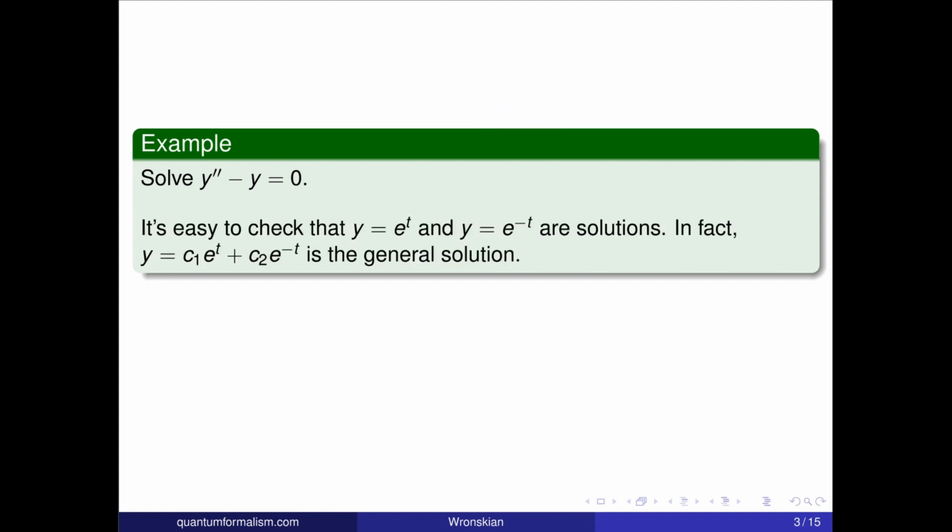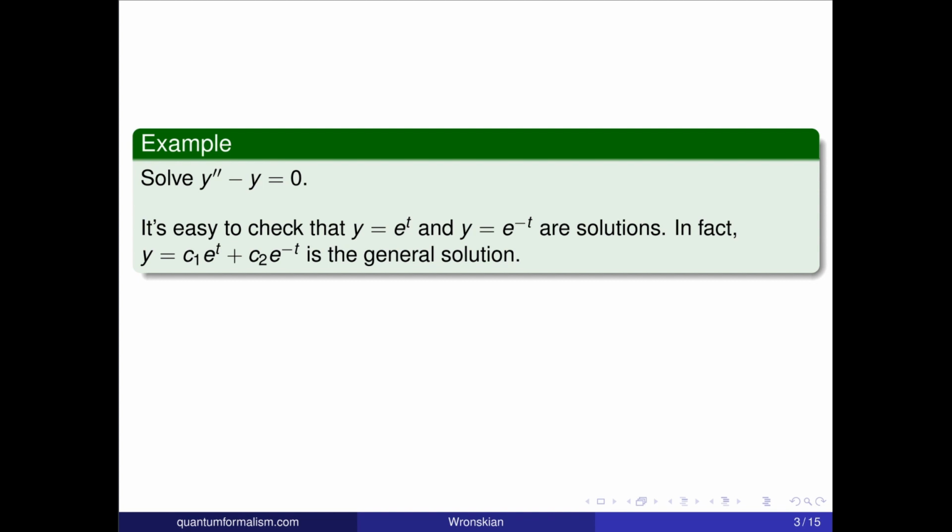And in fact, y equals c1 e to the t plus c2 e to the minus t is the general solution to this second order linear equation. We'll see why that's the case later. But for now, more or less, all we know is that e to the t and e to the minus t are solutions.